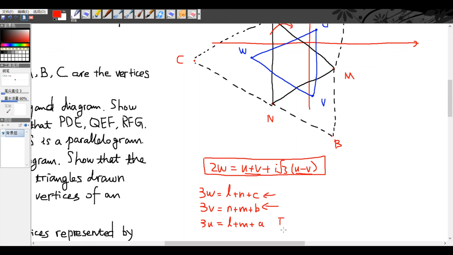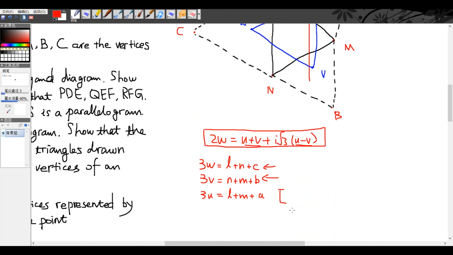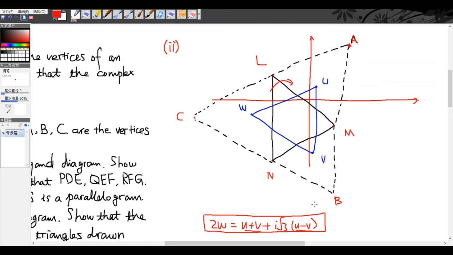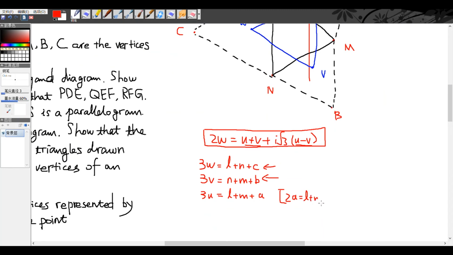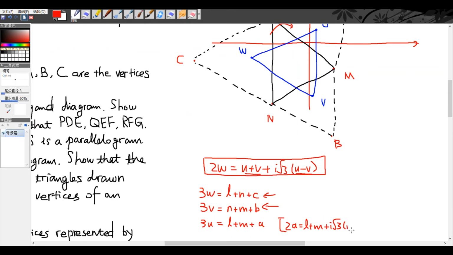And here 2a is equal to L plus m plus i times the square root of 3 times m minus L. And 2b is equal to m plus n plus i times the square root of 3 times n minus m.